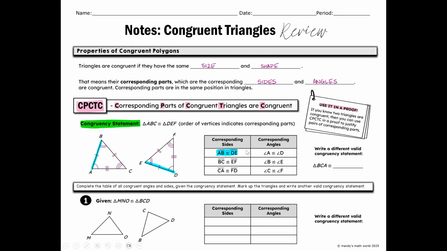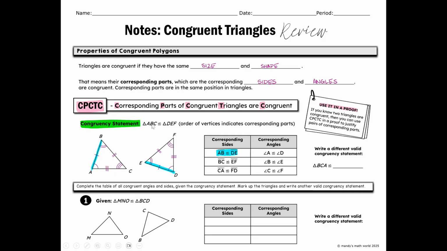The first says that segment AB is congruent to segment DE. I've put some color to it. Segment AB, which has one tick mark, is congruent to segment DE, which also has one tick mark. That tells me those are congruent sides.